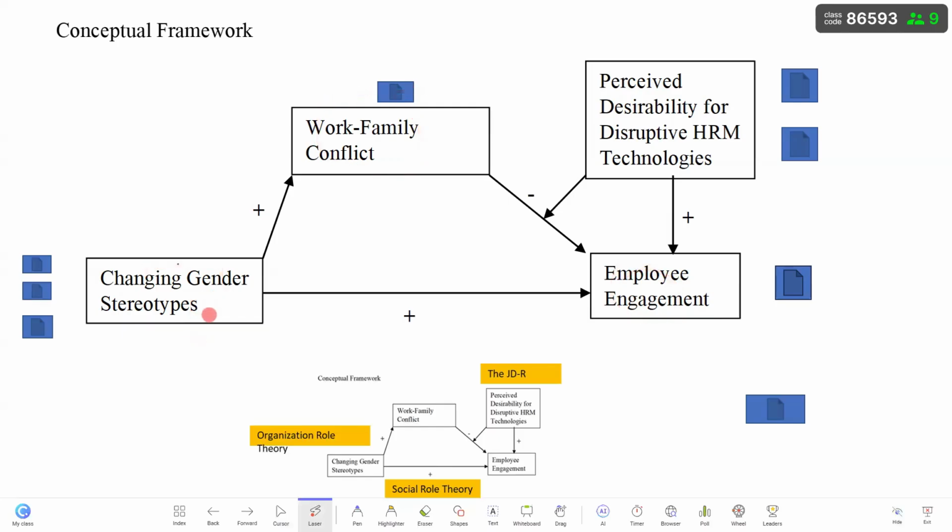In that case, you need to find out whether these two variables have been investigated as outcomes of gender stereotype change. You need to find and download those articles and review them.